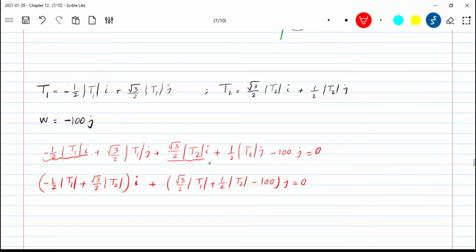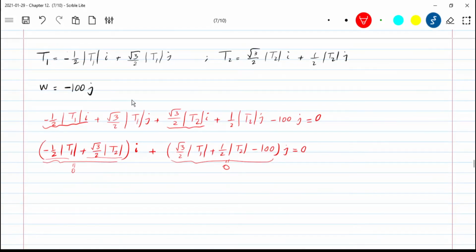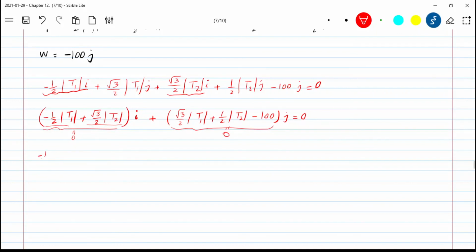Okay, so this becomes 0 only if both of these components are 0. This is the only way that we have 0, because I and J are in different directions. They cannot be combined together. So this is 0 and this is 0. From the first one, negative 1/2 magnitude of T1 plus root 3/2 magnitude of T2 equals 0.